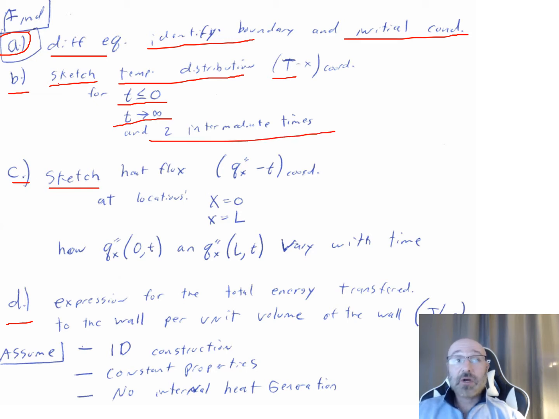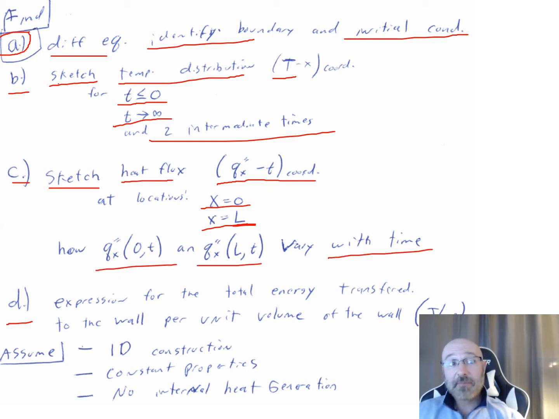For part C, we'd be sketching the heat flux versus time at the locations x equals 0 and x equals L. So right at the insulated wall, and then right at the other wall over at L. We're going to show how these vary with time. And then for part D, we look for an expression for the total energy transferred to the wall per unit volume with these given units.